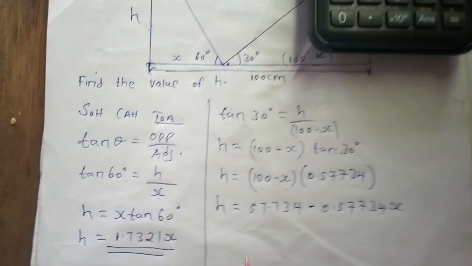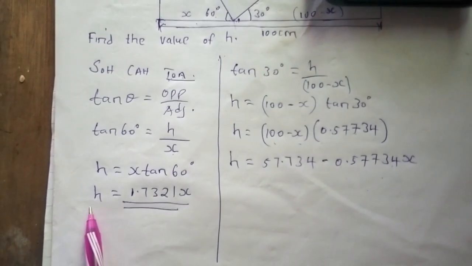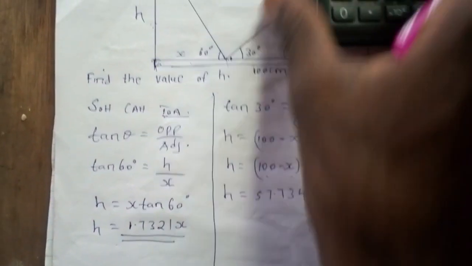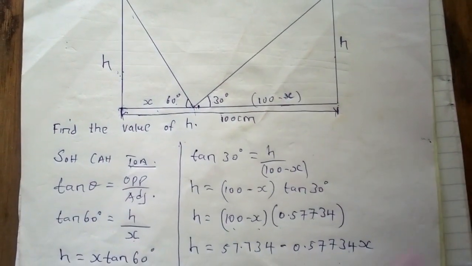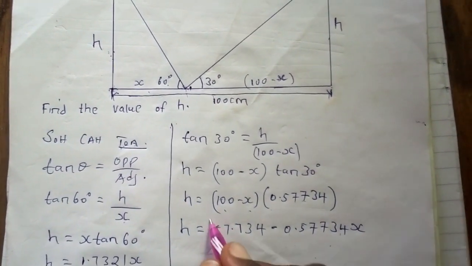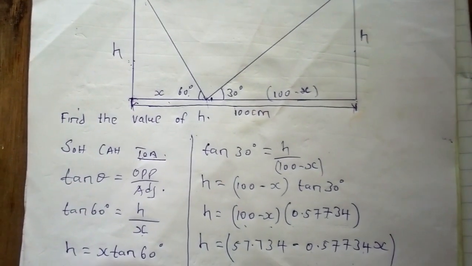Good. But remember, this height here is equal to this height here. The heights from the diagram are the same, they are equal. So what we are supposed to do is equate this h with this h.